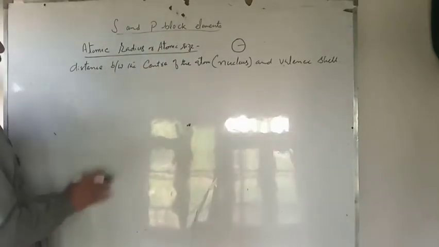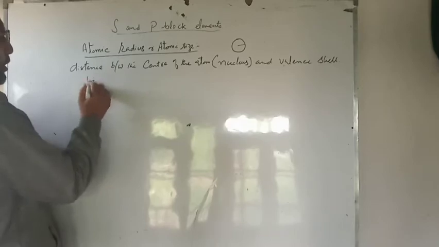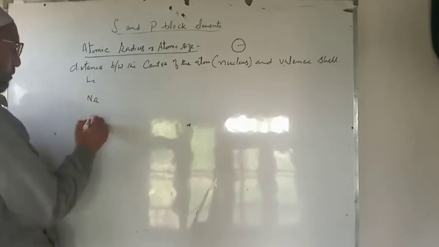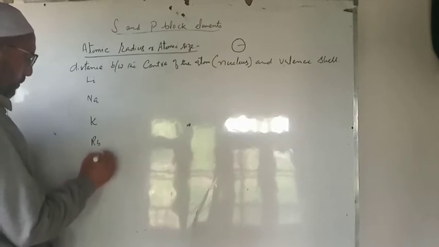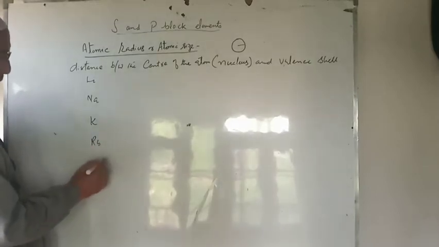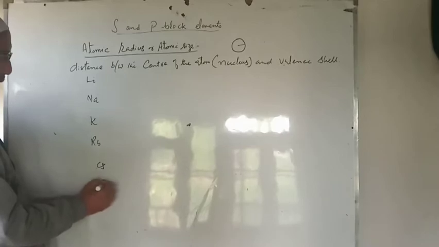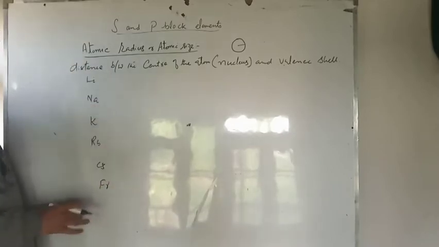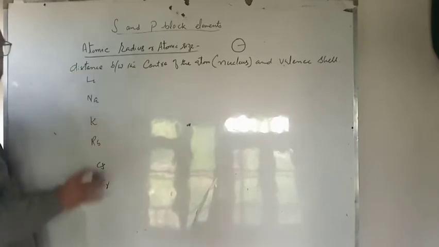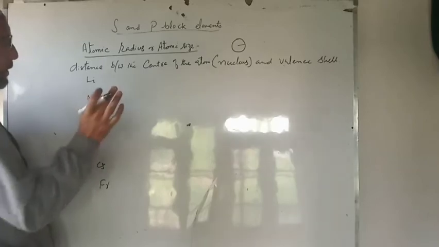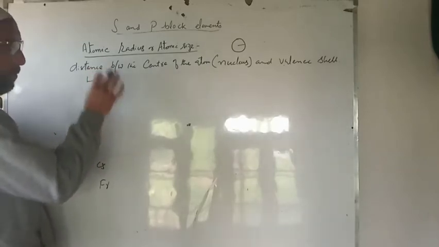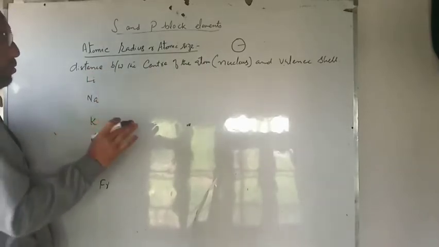As we move down the group, from lithium, sodium, potassium, rubidium, cesium and francium, from top to bottom, this is the case in every group. Whenever you move from top to bottom, the size of the atom goes on increasing. It is because down the group, the number of shells goes on increasing.